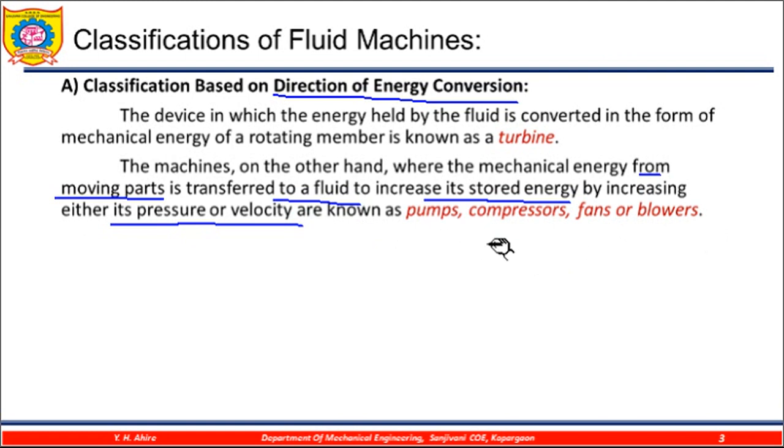So in these devices, the energy from the moving parts is transferred to the fluid being handled by that respective machine, so as to increase its stored energy. It means it increases its pressure and or velocity. So this is classification based on direction of energy conversion.